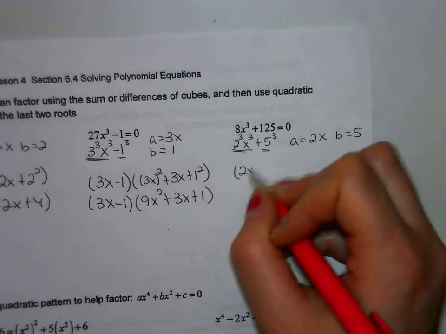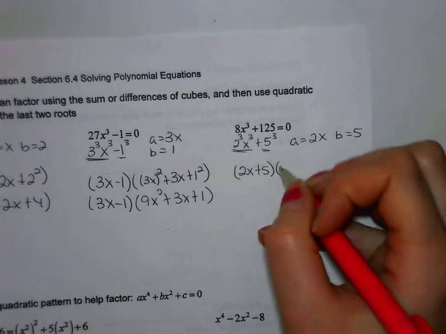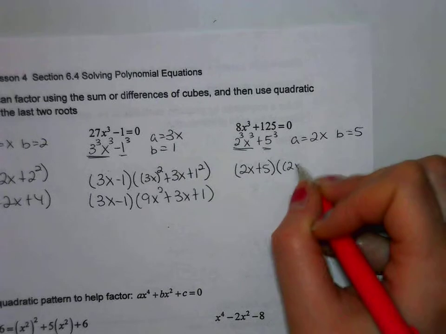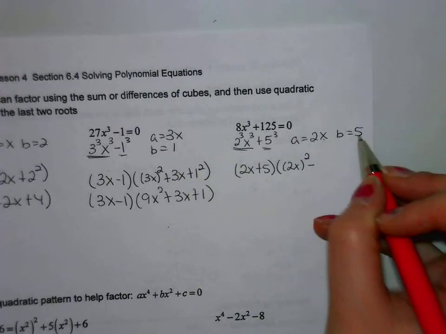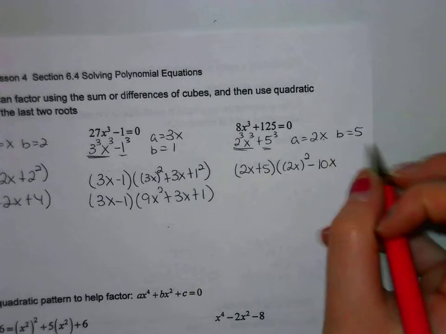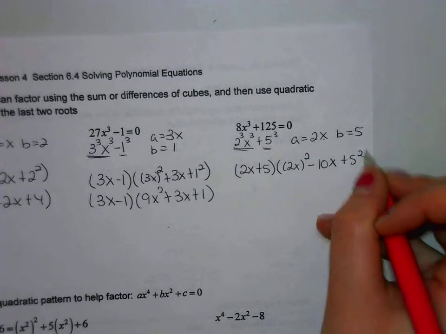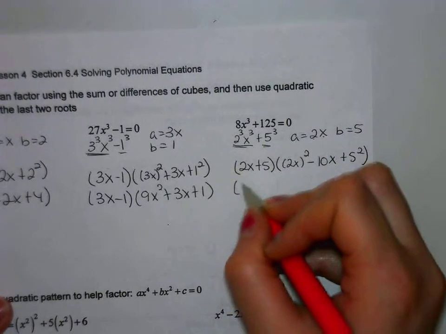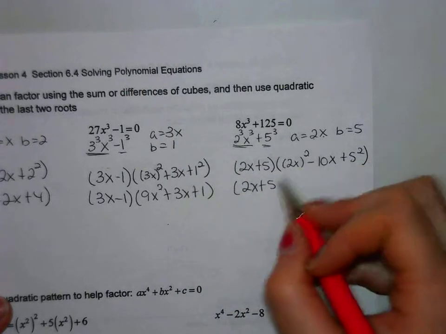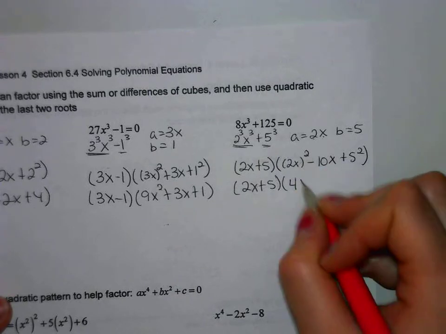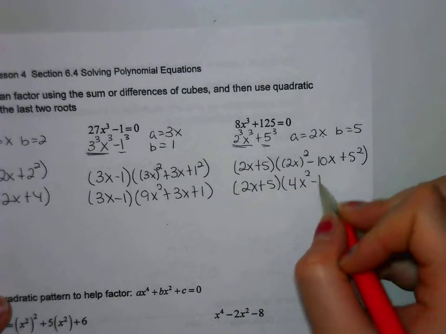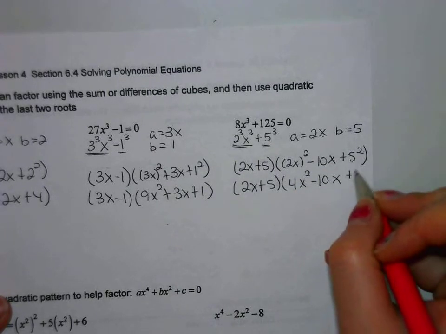So 2x plus 5 times 2x in parentheses squared minus 2x times 5 is 10x plus 5 squared. So 2x plus 5, 2 squared is 4, x squared is x squared, minus 10x, and 5 squared is 25.